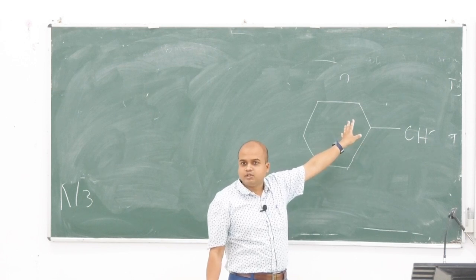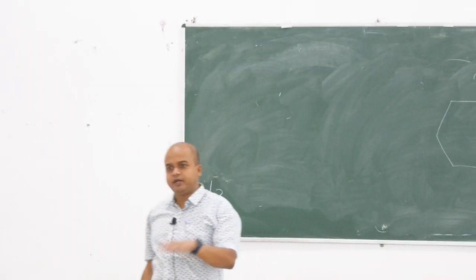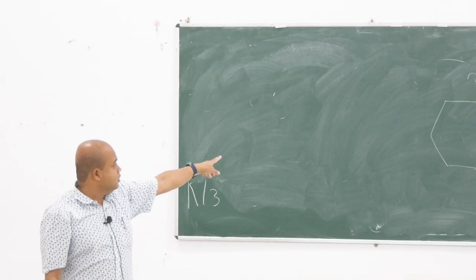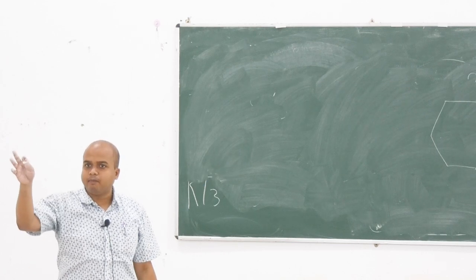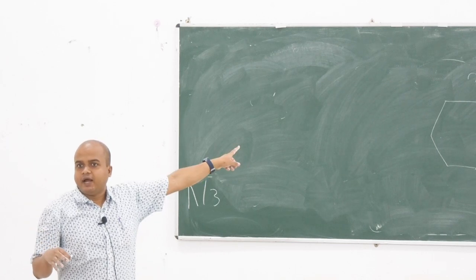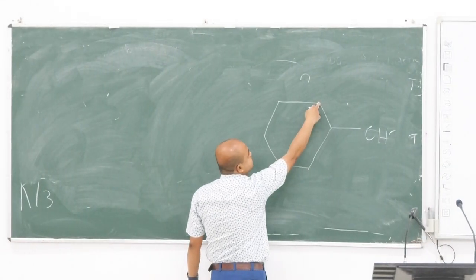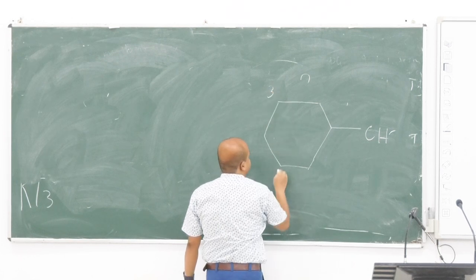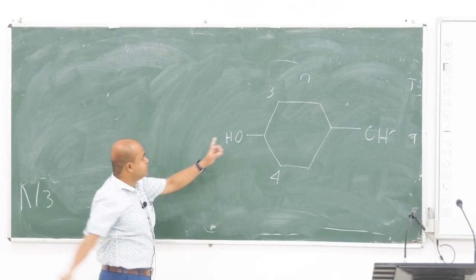Then you can understand; as long as we try to memorize. So even if you don't write that CH it will also do, but then you have to remember which is the third position. So you write that CH that is 1, this is 1, then this is 2, this is 3, this is 4, and here it is OH, okay?